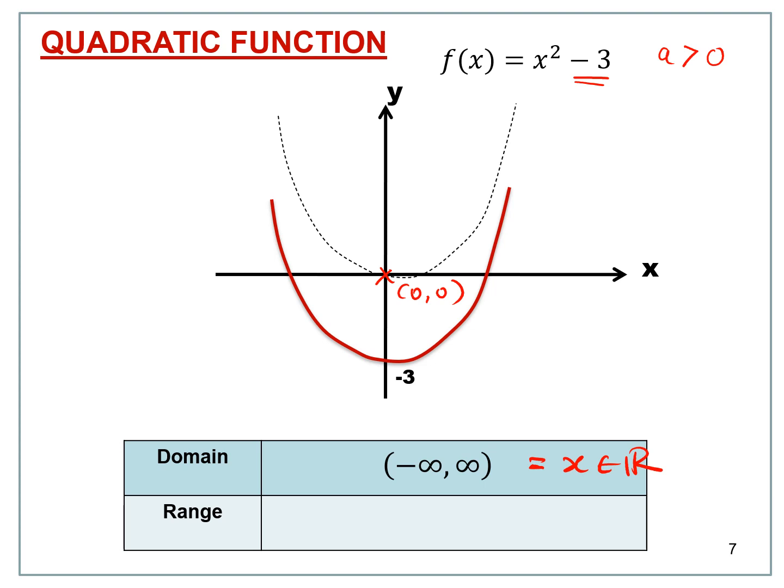But from negative 3 and above, the graph exists. So we start at negative 3 and above for the range. This is how to write it: include -3 until infinity, or you can write y greater than or equal to -3.